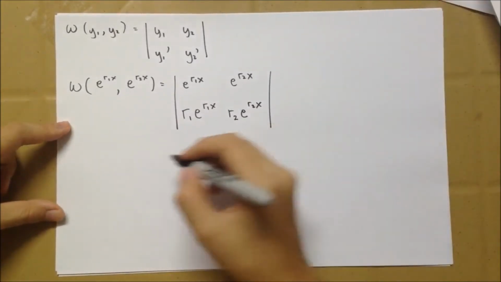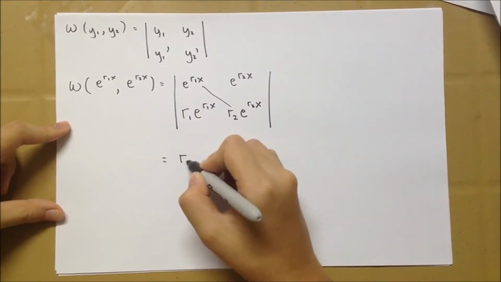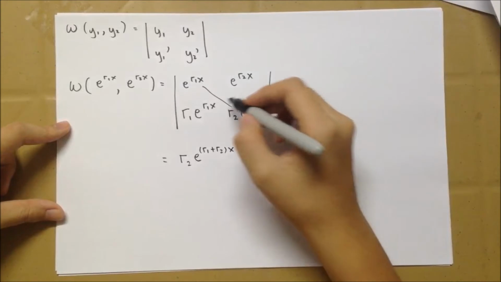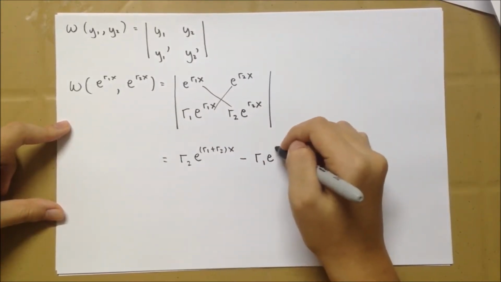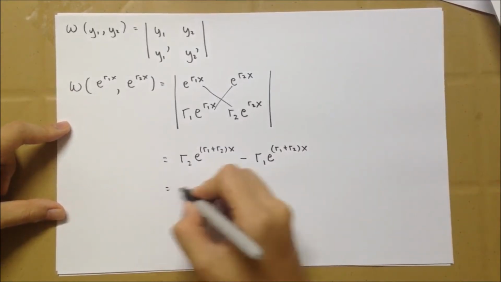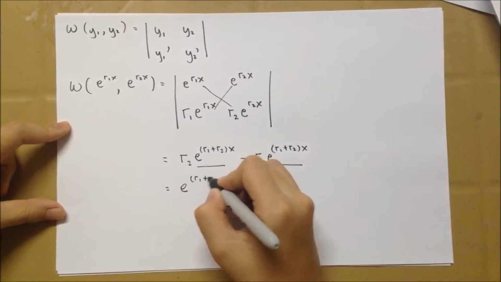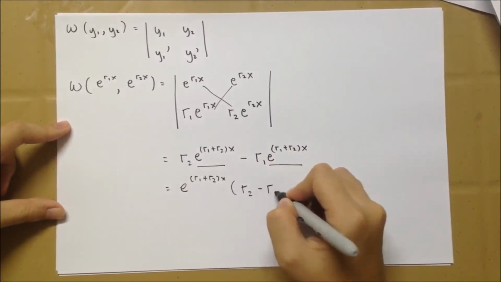Getting the value here, I'll have r2 e to the r1 plus r2 x, and then negative r1 e to the r1 plus r2 x. I'm just using the matrix rule. Factoring this, I'll have e to the r1 plus r2 x times r2 minus r1.